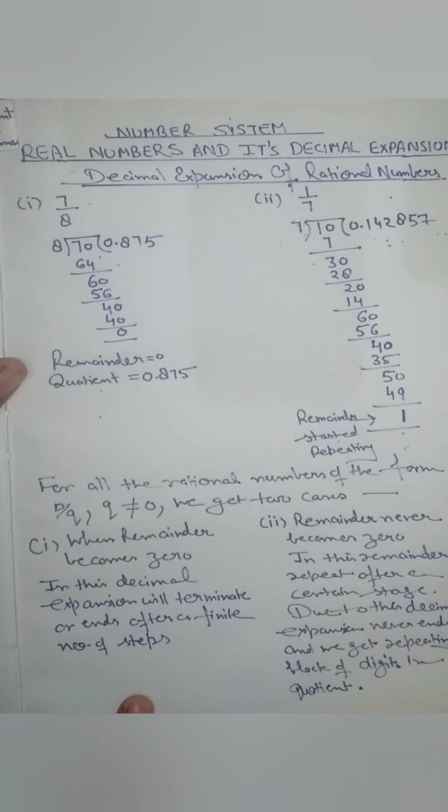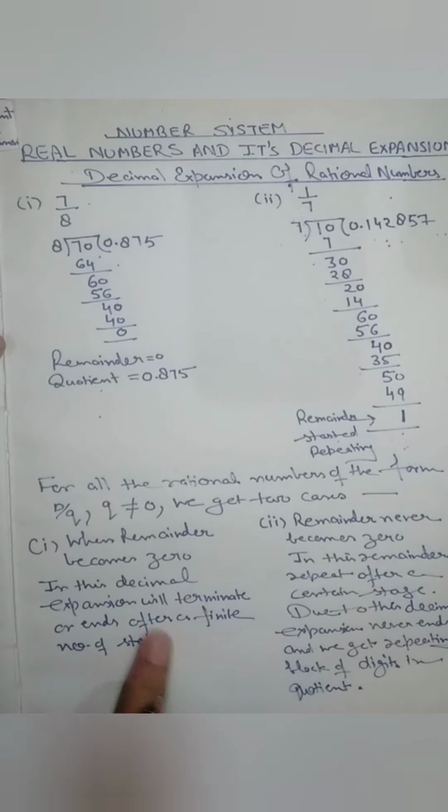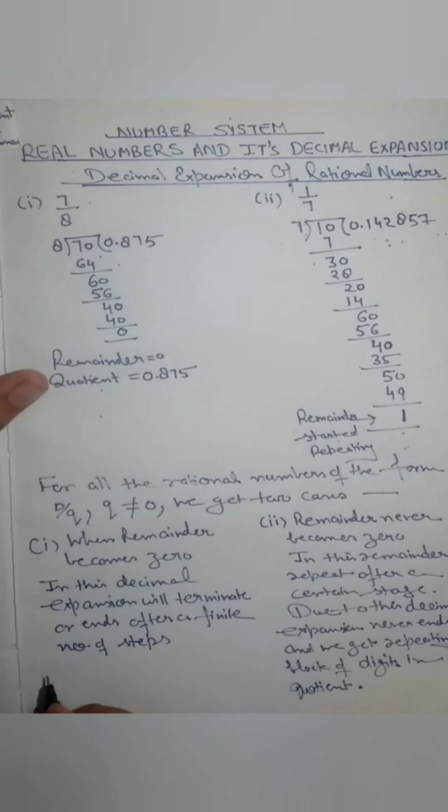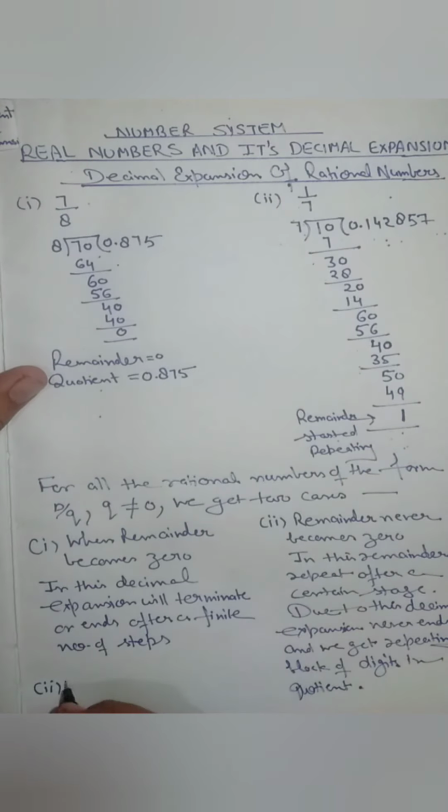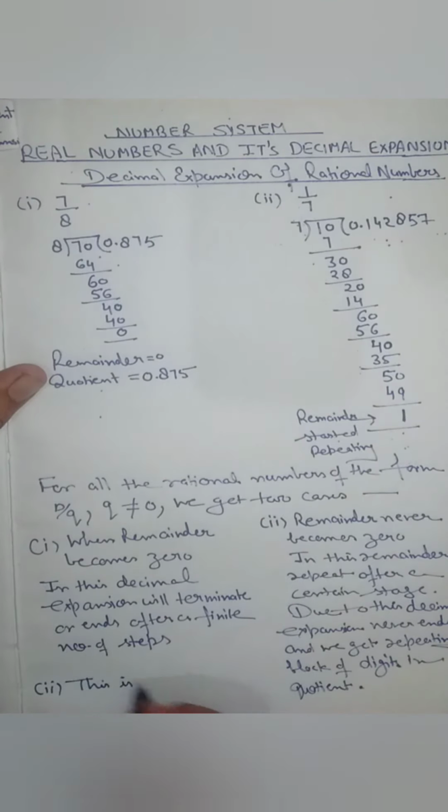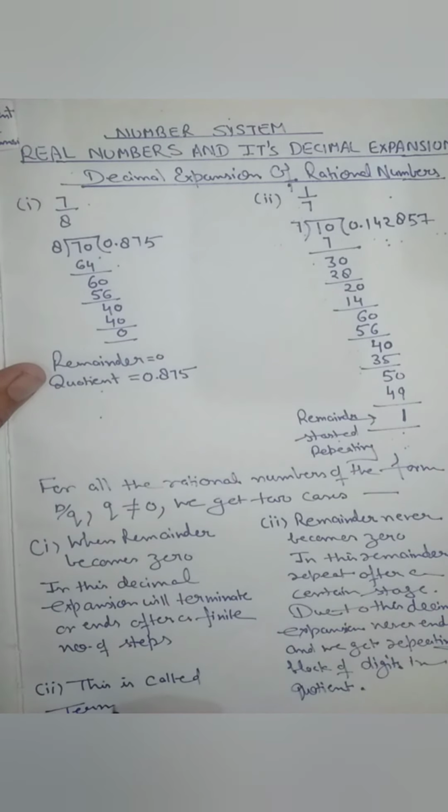This decimal expansion in which expansion terminates is called terminating decimal expansion.